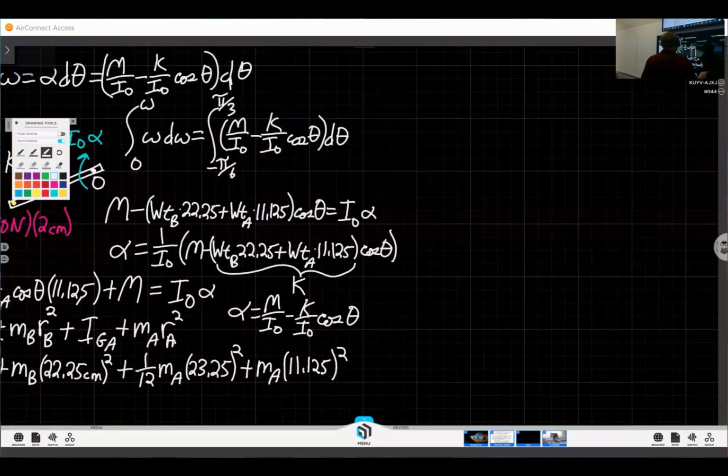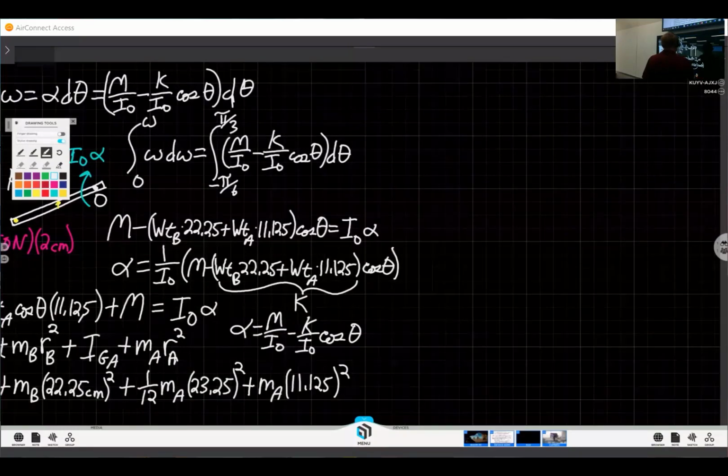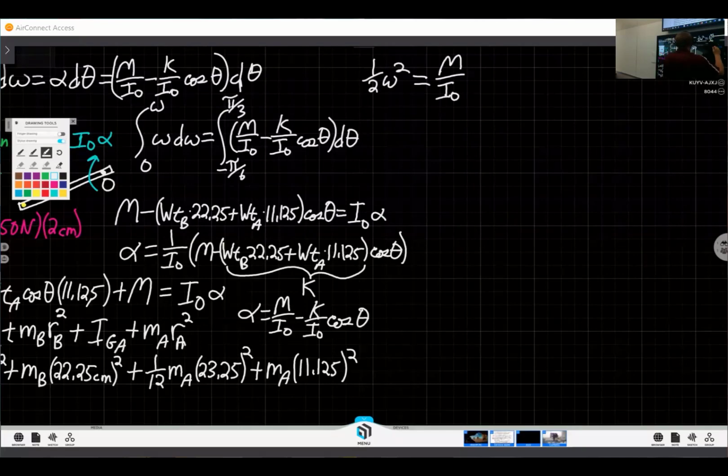Slide on over here. So how much more room do we have to work with? We can integrate that. So we got 1/2 omega squared equal to M over I-O, again the value, times theta. What's the integral of cosine?